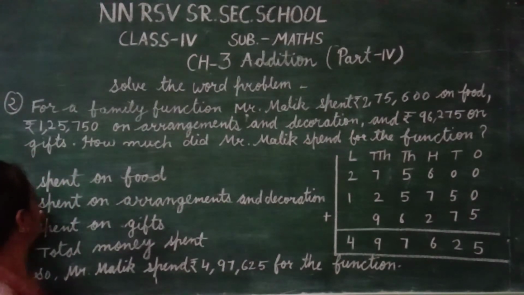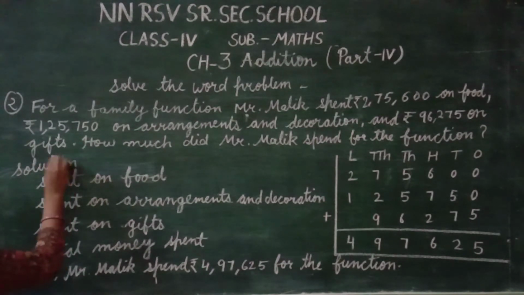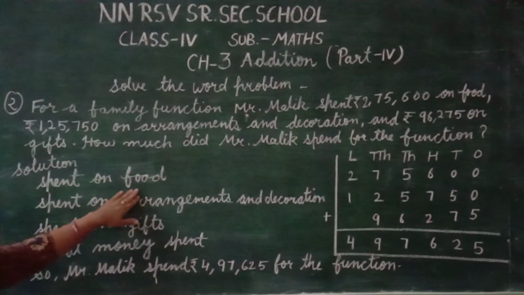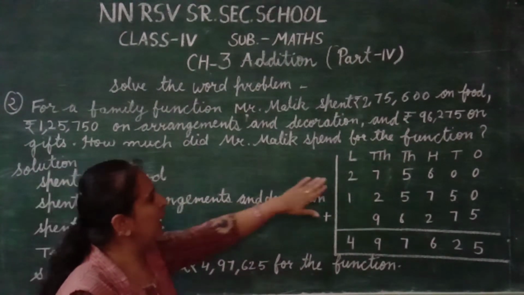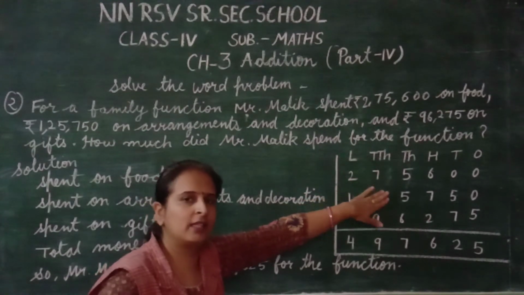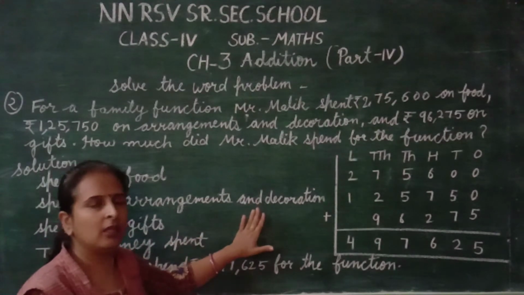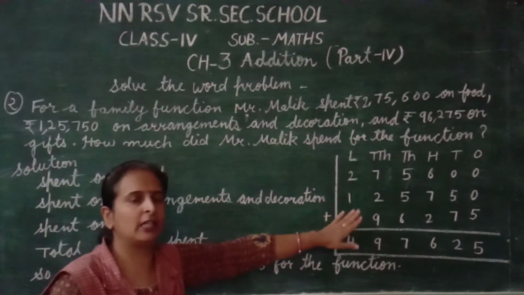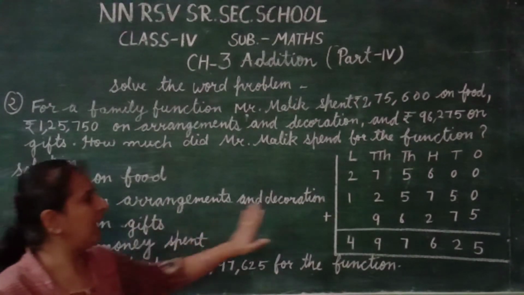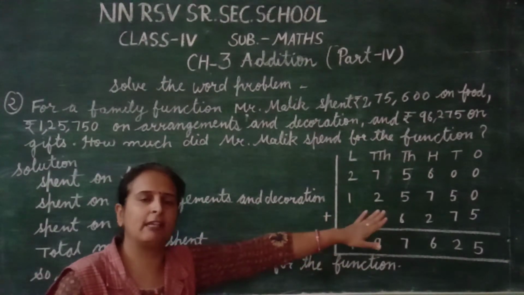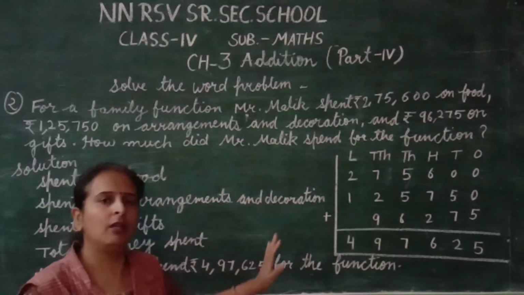Okay, then the solution is: he spent 2,75,600 on food, 1,25,750 on arrangements and decoration, and 96,275 on gifts. How much money did Mr. Malik spend for the function?